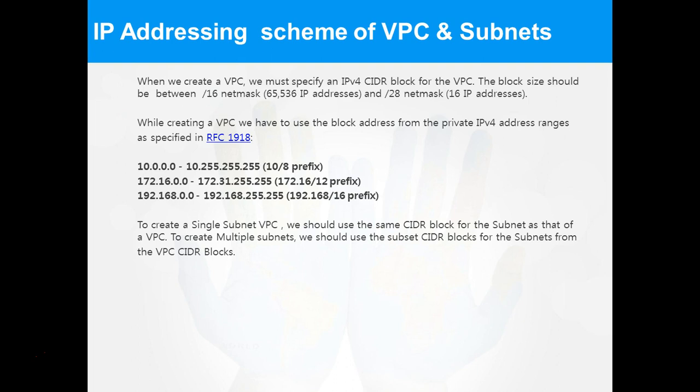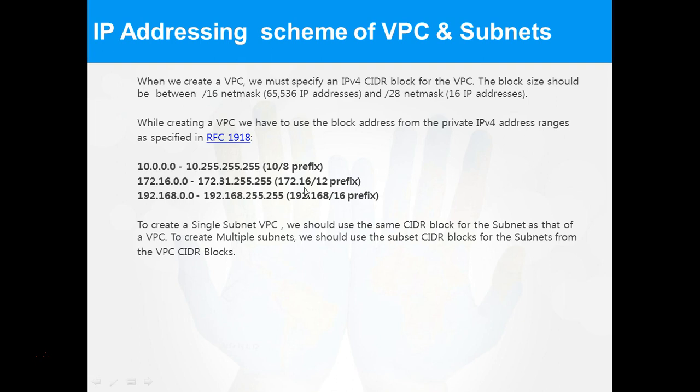Let us see the IP addressing schemes of a VPC. While creating a VPC, we have to use the IP address blocks from the private range of the IPv4 scheme. You can see the IP scheme as specified in RFC standard 1918 below.